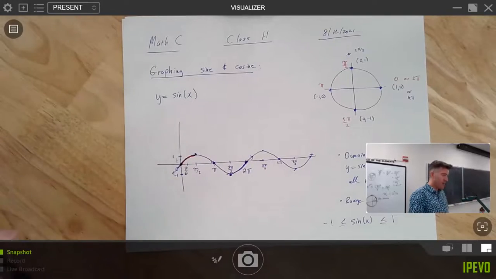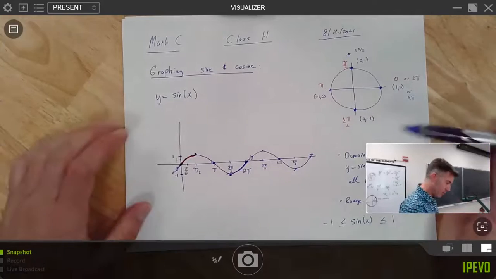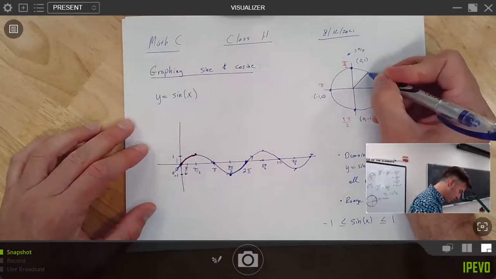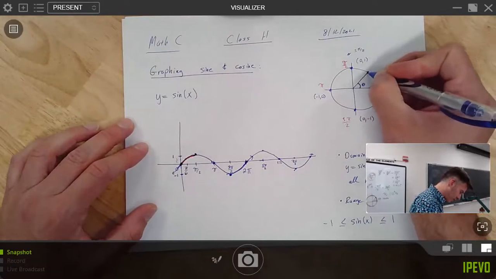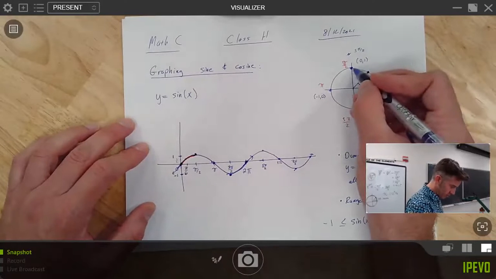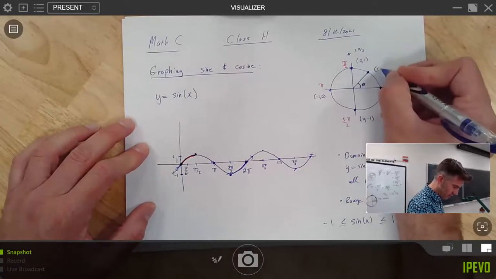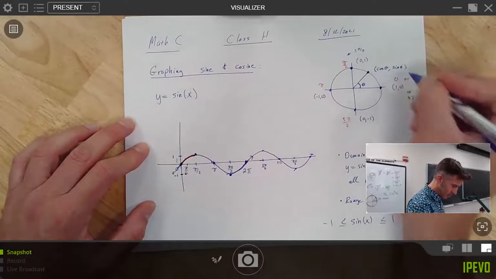But the way we're getting these particular values is we're using the unit circle, because we know that on the unit circle, if the angle is theta, then the coordinates on the unit circle, like this coordinate here, 1, 0, or this coordinate here, 0, 1, give cosine of the angle and sine of the angle.